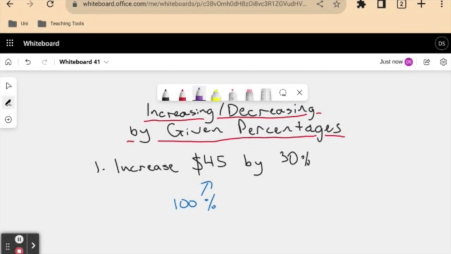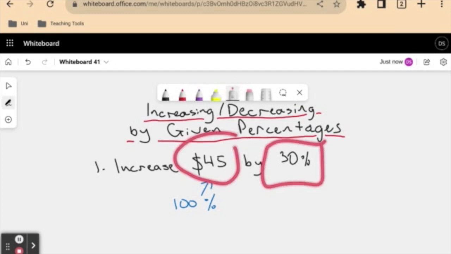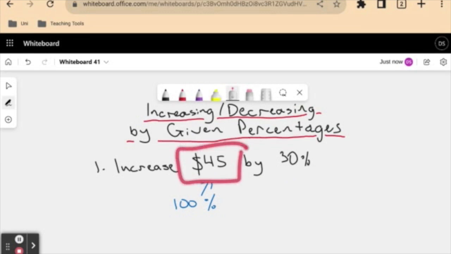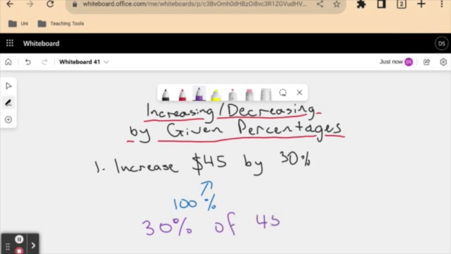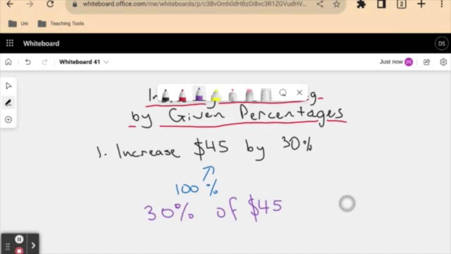So what I'm going to do here is, well, first of all, we want to increase $45 by 30%. So we want to first find what 30% is of $45 and then just add that to this quantity, this number here. So that's like saying, well, first, what's 30% of $45?